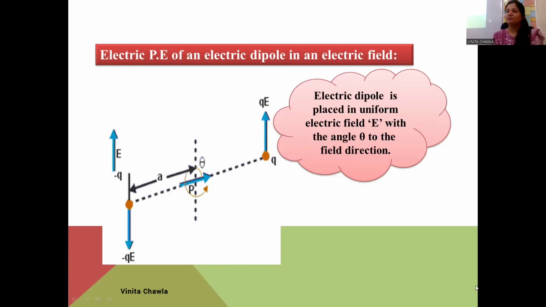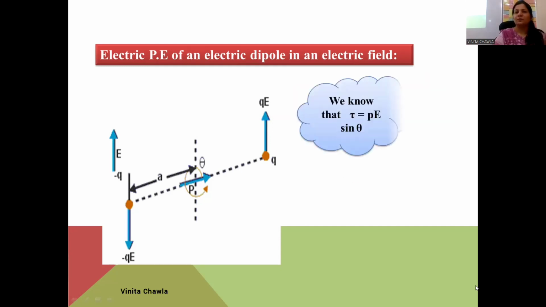Dipole moment is Q into 2a. And now this dipole, you can see, is placed in a uniform field E with an angle theta to the field direction. Okay. Torque is P E sin theta, P cross E, it is the cross product of dipole moment and electric field intensity.